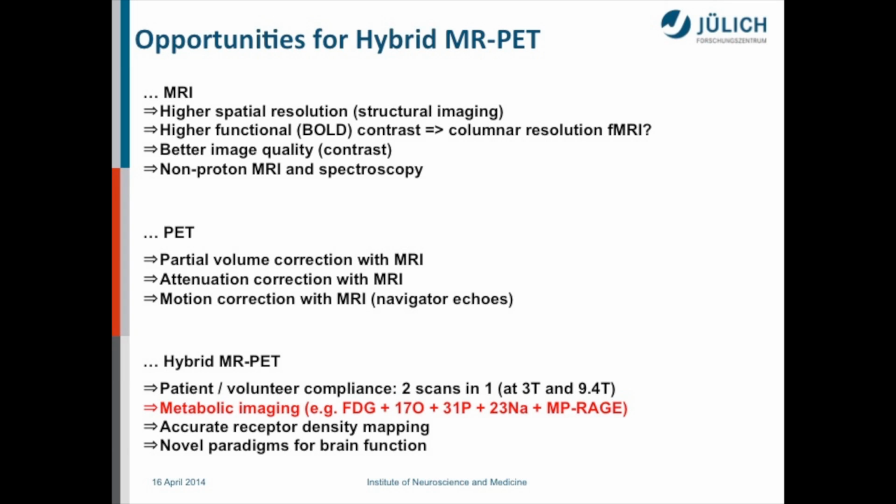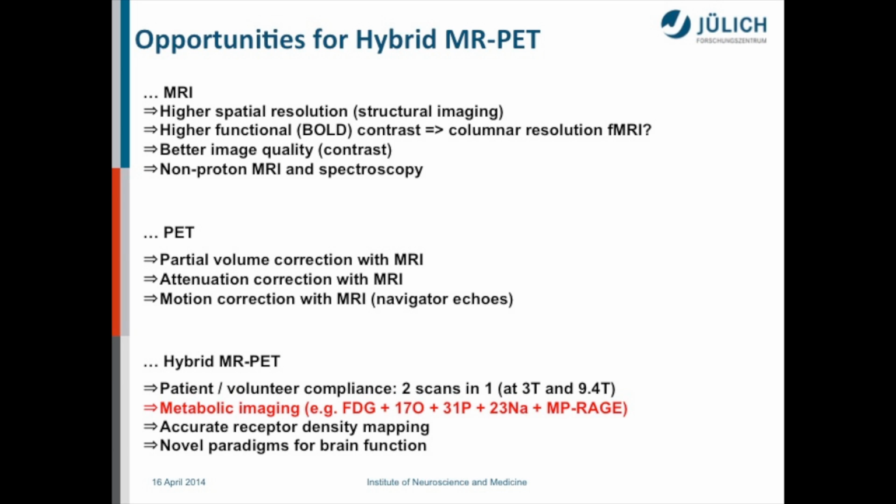What are the opportunities in this 9.4 Tesla hybrid scanner? Well, I think I've demonstrated, I hope, that the high spatial resolution is very useful for structural imaging. BOLD, the blood oxygen level dependent mechanism, scales with the field squared, so we should really be able to win handsomely, and we think we should be able to achieve columnar resolution fMRI.